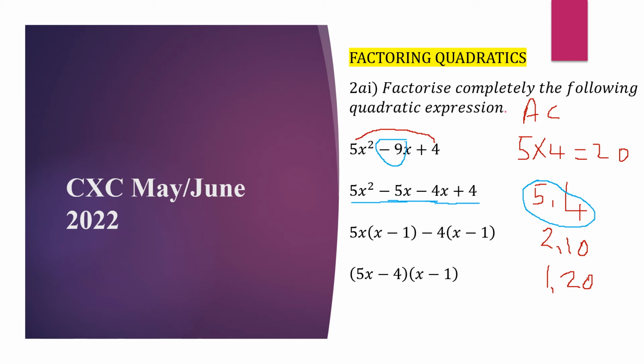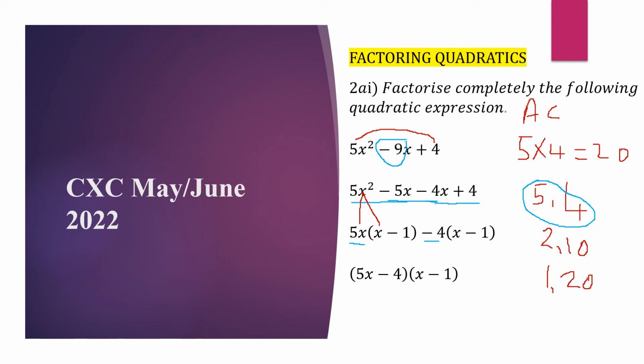It is now easier to factorize because 5x is a factor of the first part of the expression and minus 4 is a factor of the second part of the expression. So now let us divide. So we divide 5x into 5x squared to get an answer of x.